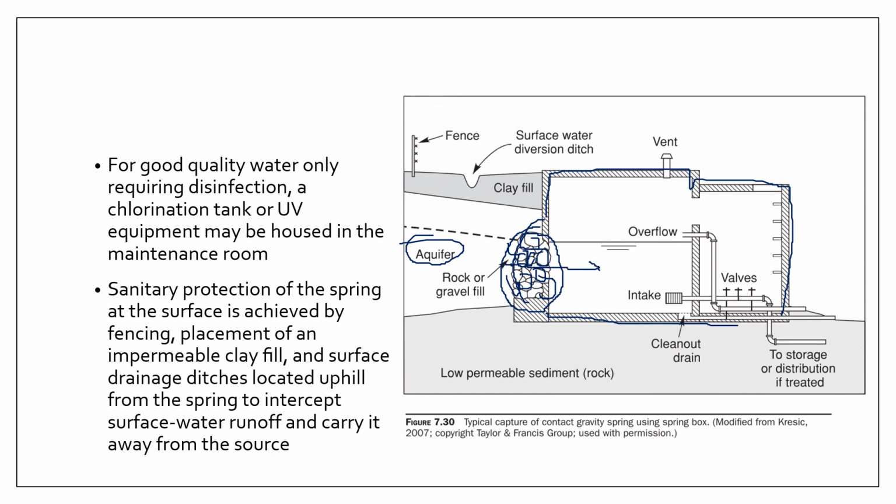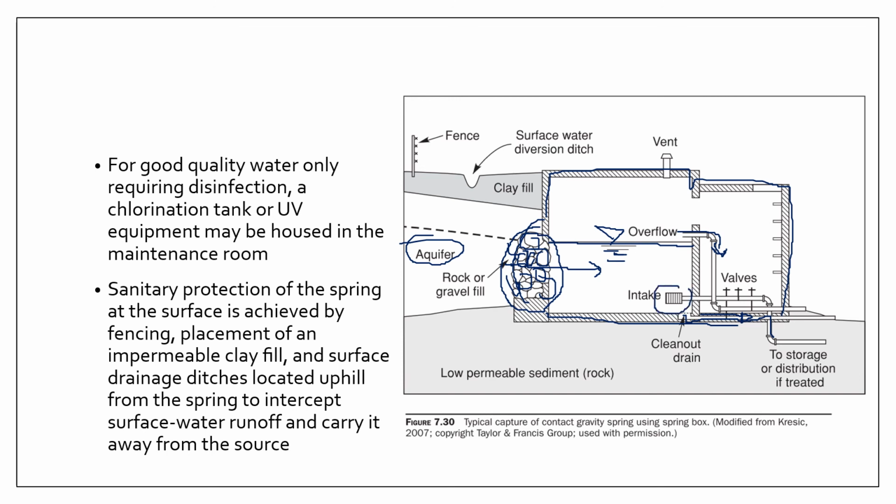So the water enters here and you typically have a water table that is being maintained inside your spring box, and then you have an overflow pipe, and then you also have a drain pipe or an under drain in case you have to clean up the spring box.